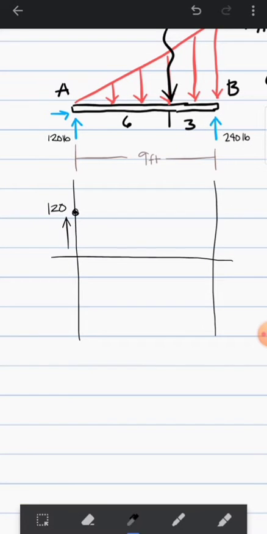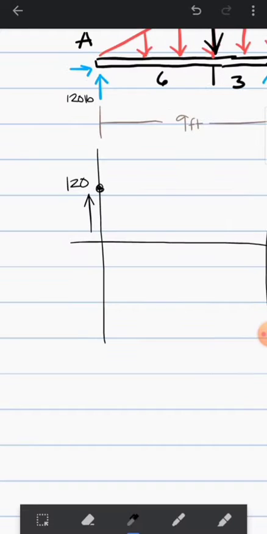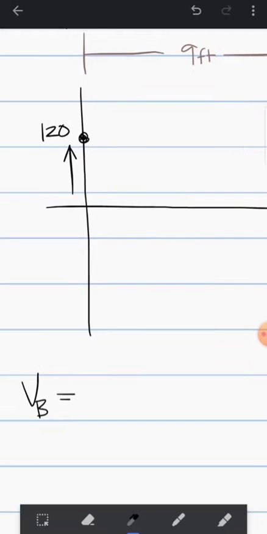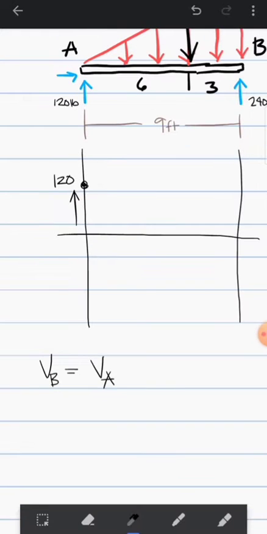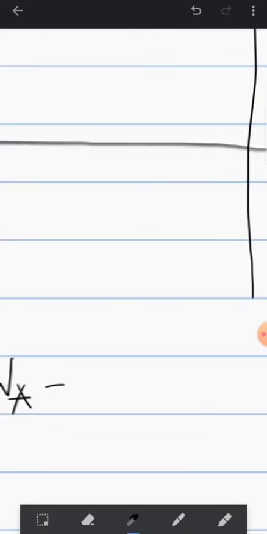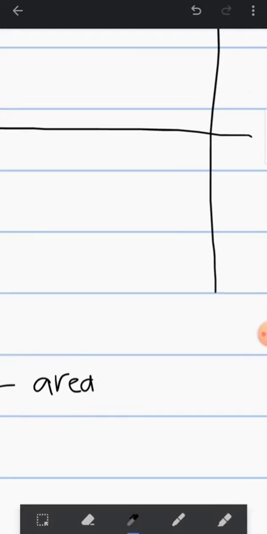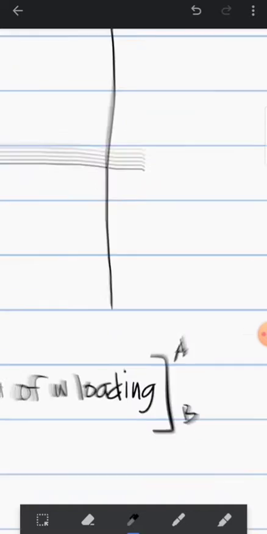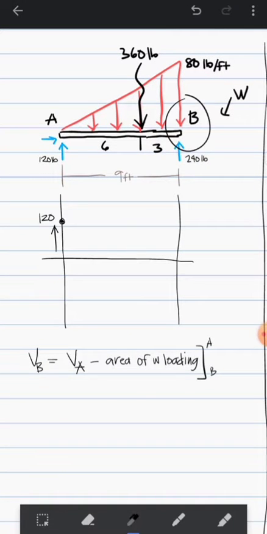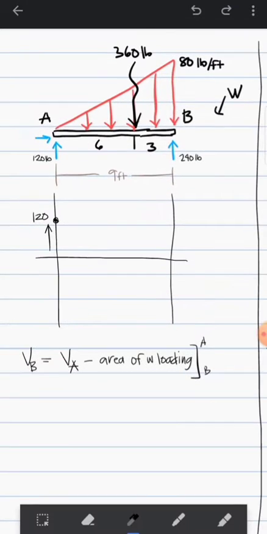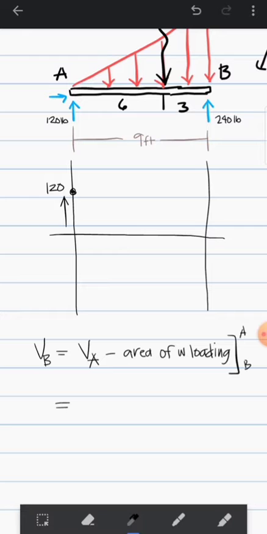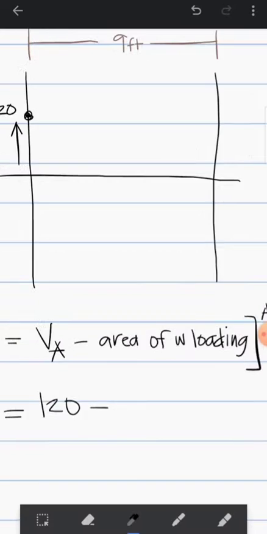And to get to B, the formula is just the shear at B is equal to the shear at A plus the area of the W loading from A to B. Meaning, A to B, this one. So it is just this area. Since we have calculated this area as 360 pounds, therefore the shear at B is just VA, which is 120, minus 360.